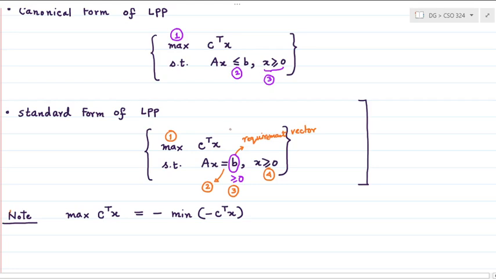So let me consider a few standardization operations.